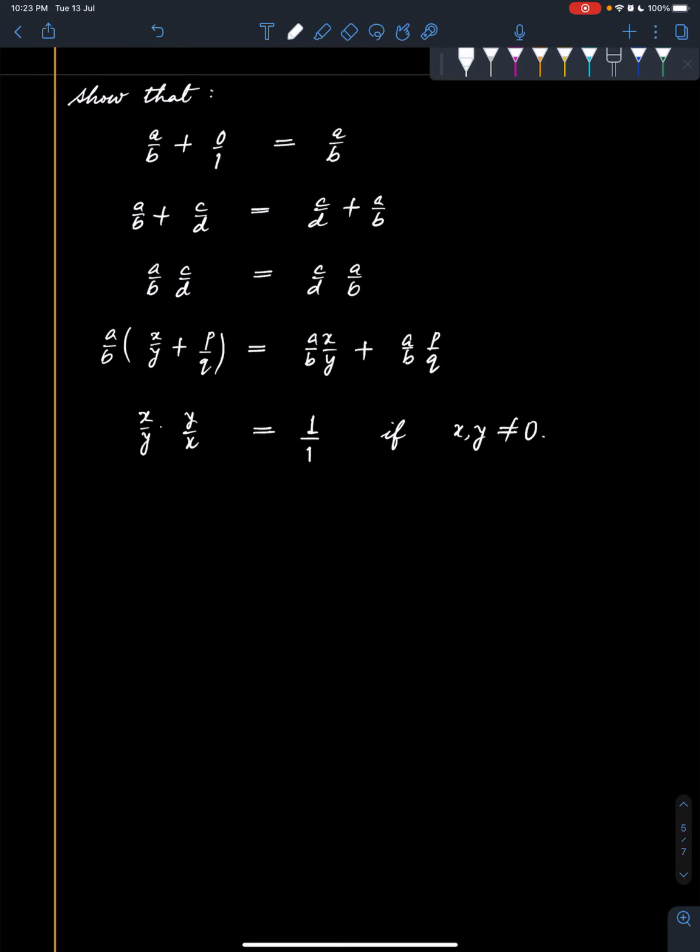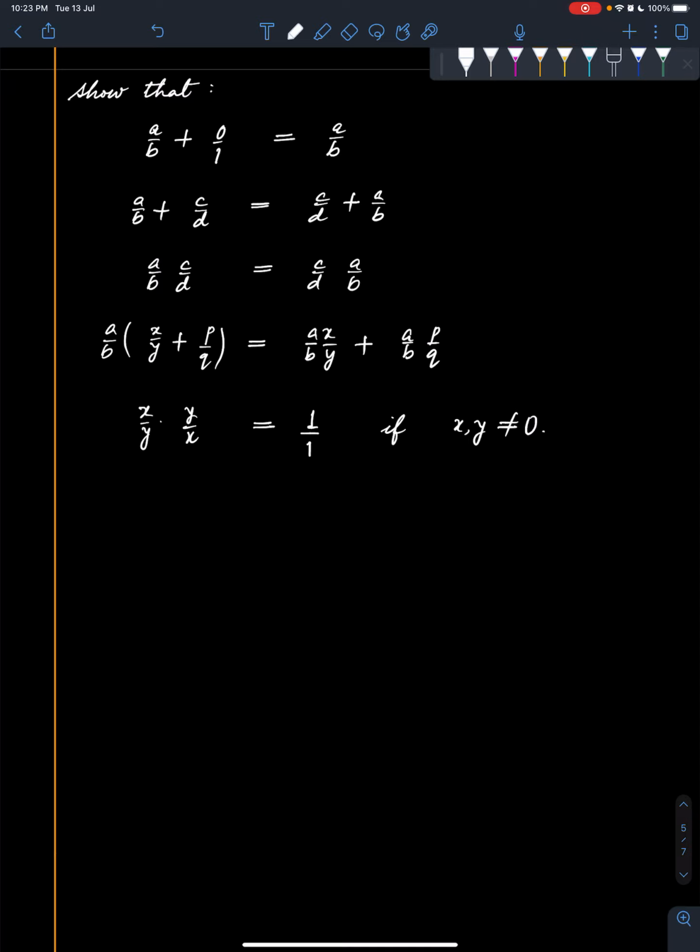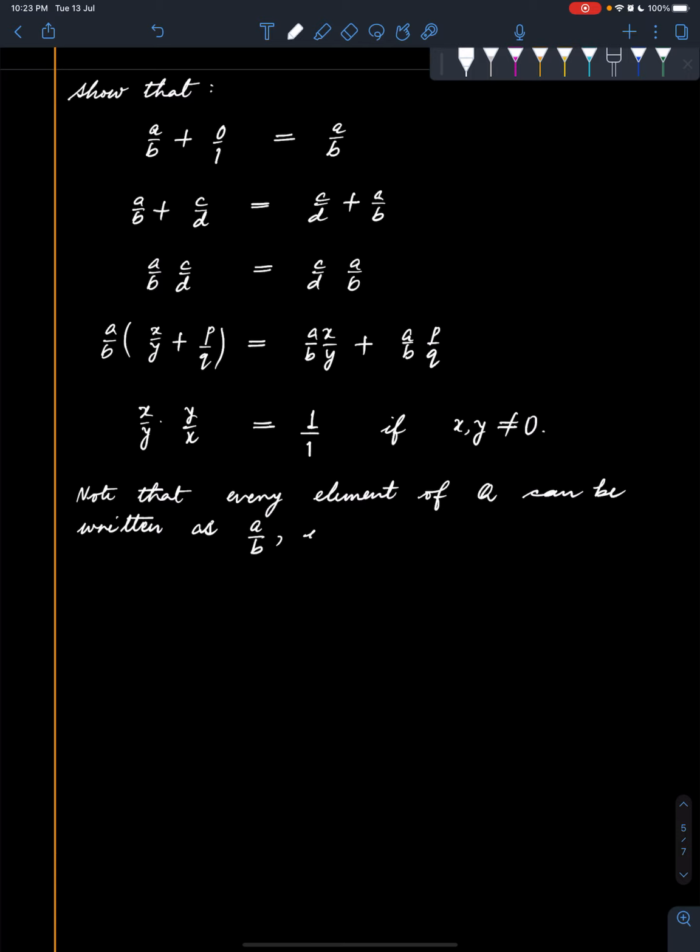Further, lastly, we need to talk about ordering. So we note that every element of the rational numbers can be written as a by b, where b is positive.